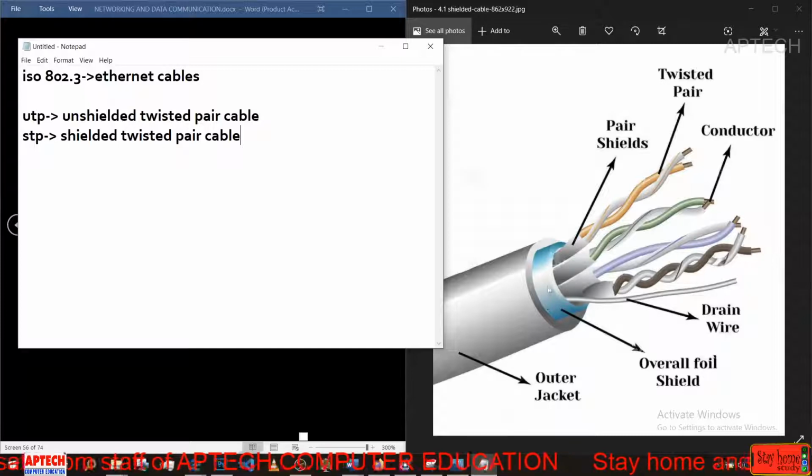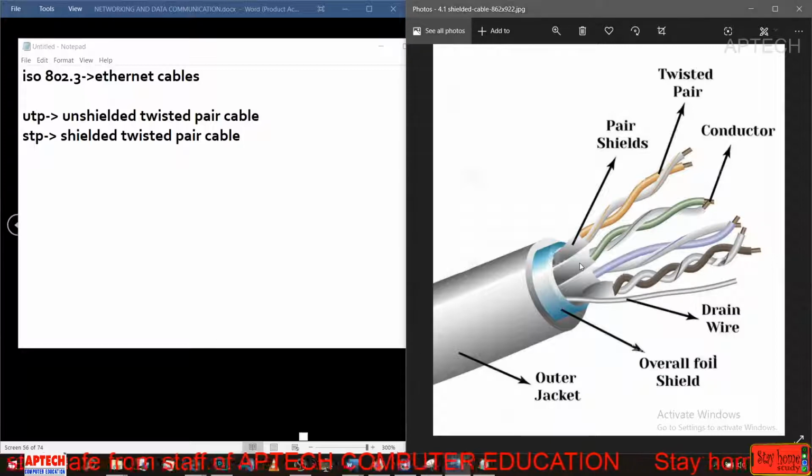Some of you, when you were cutting your wires, I remember seeing a foil inside. Those were the shielded ones. If you see your wire has some foil of that foil color, it's actually foil. Then the four pairs for the Ethernet cables, because this one is for the Ethernet cable. There are four pairs.